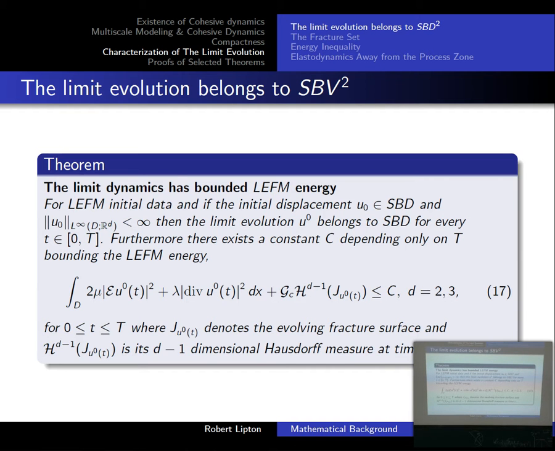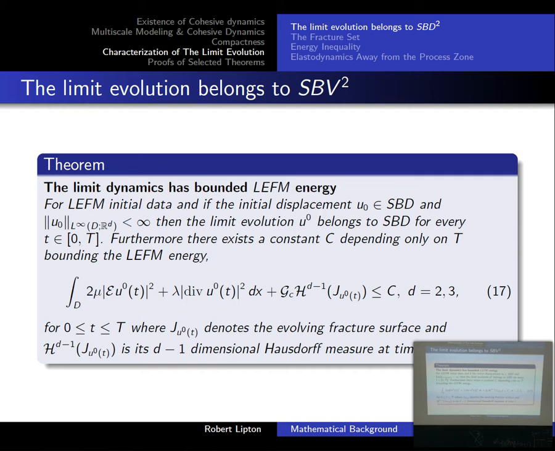Then the limit, subject to our hypotheses on uniform boundedness in L infinity of our solutions for every epsilon, u(t) belongs to SBD for almost every t in 0 to T, and furthermore, there exists a constant depending on the final time bounding the linear elastic fracture mechanics energy of the limit. And these numbers here, the fracture toughness, the Lamé modulus, and the shear modulus, are the ones that we computed yesterday.